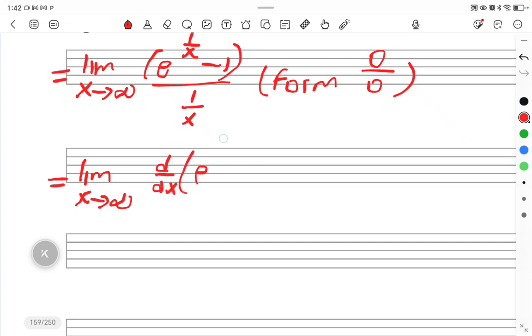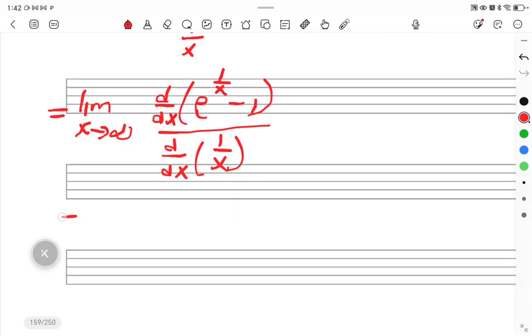So now we are going to derive both the numerator and denominator. Deriving the numerator, then we derive the denominator. This will be the limit as x approaches infinity. If we derive e to the x, we're going to keep e to the x times the derivative of the exponent.